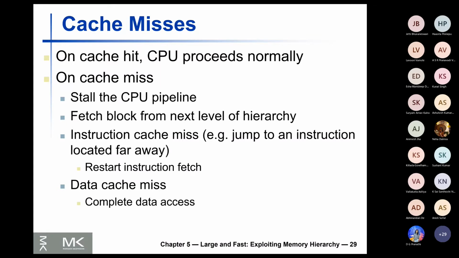There is also another thing that you have to consider. There is a possibility of a write miss. A write miss is slightly more complicated to visualize. A write miss is not about requiring data to execute.